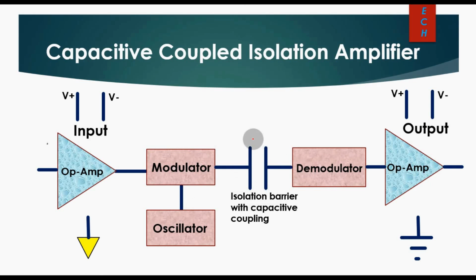So let us understand how the signal processing is being done. You get an input signal, and then you modulate that input signal, then it goes with capacitive coupling, and after capacitive coupling demodulation will be done, then again amplifier, and then we have an output signal, right? So let us understand this.